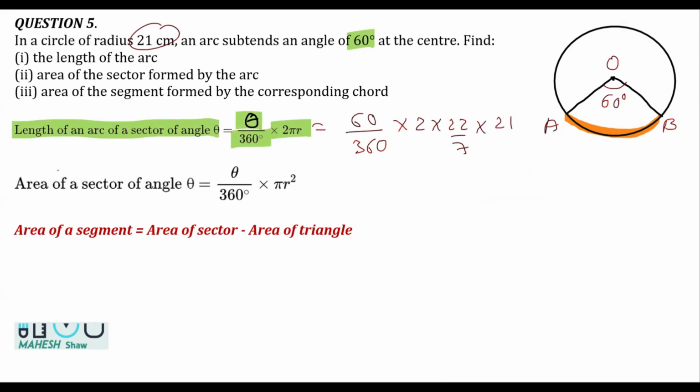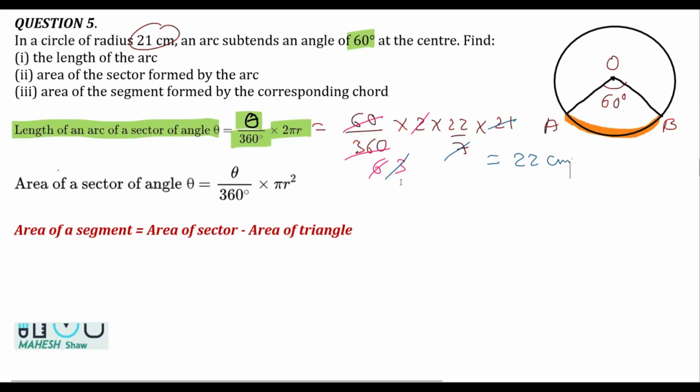So I can reduce it. This is divisible by 6. This can be reduced further by 3 times. And 3, 1, 7 threes are 21 and 21 get cancelled. So we get 22 centimeter. Yeah, it is centimeter. That's the final answer for this.